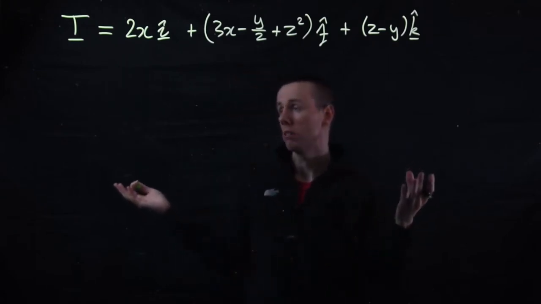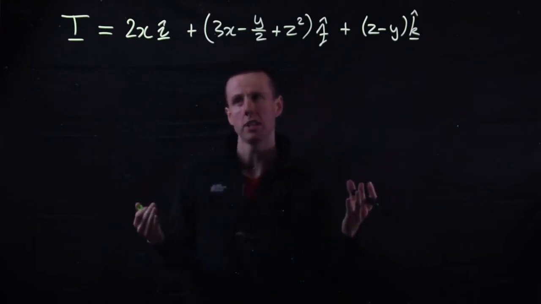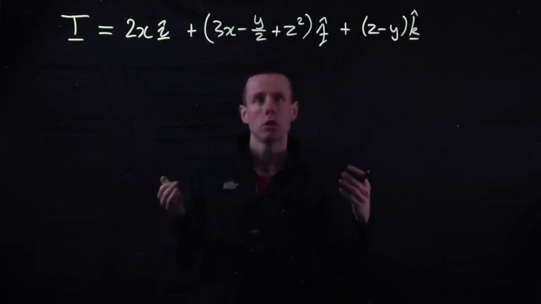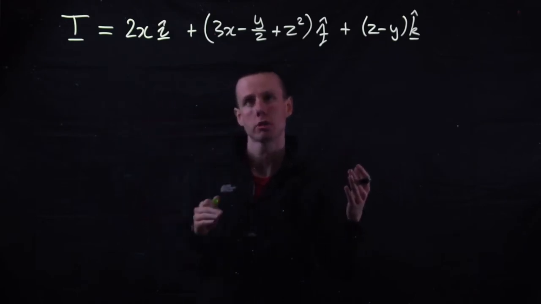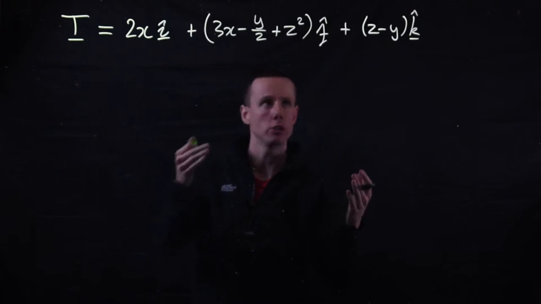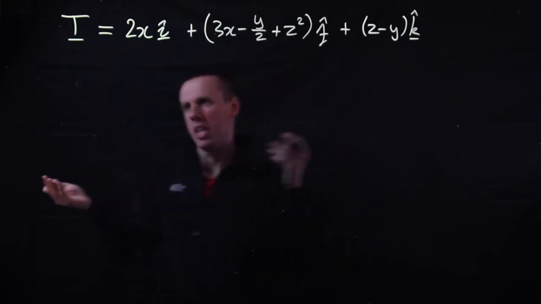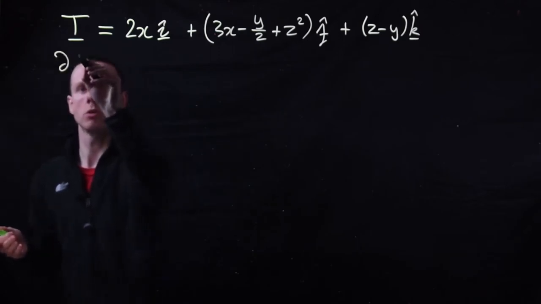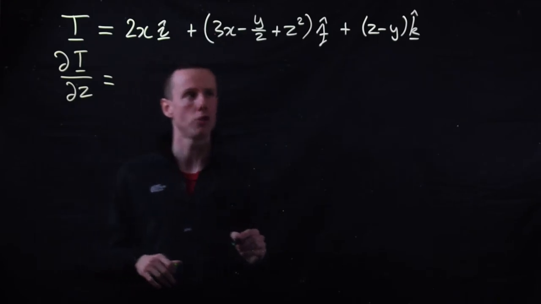And so let's just see what happens if we try to differentiate this vector field with respect to one of the coordinates. It can be x, y, or z. Let's go with z, why not? So the partial of T with respect to z will be as follows.